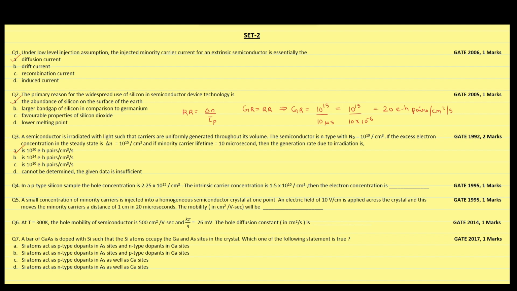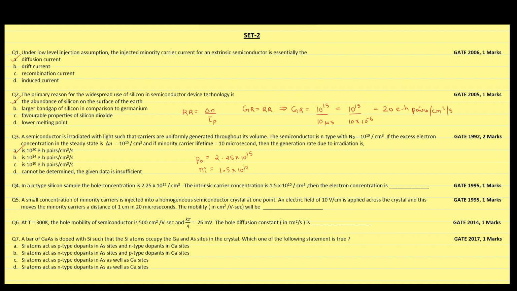In a p-type silicon sample, the hole concentration is 2.25 × 10^15 per centimeter cube, and the intrinsic carrier concentration is 1.5 × 10^10 per centimeter cube.